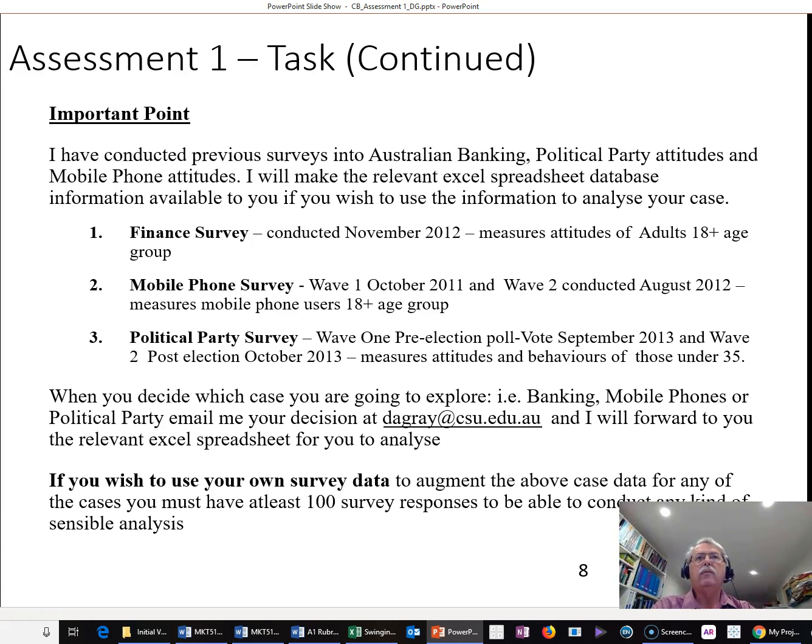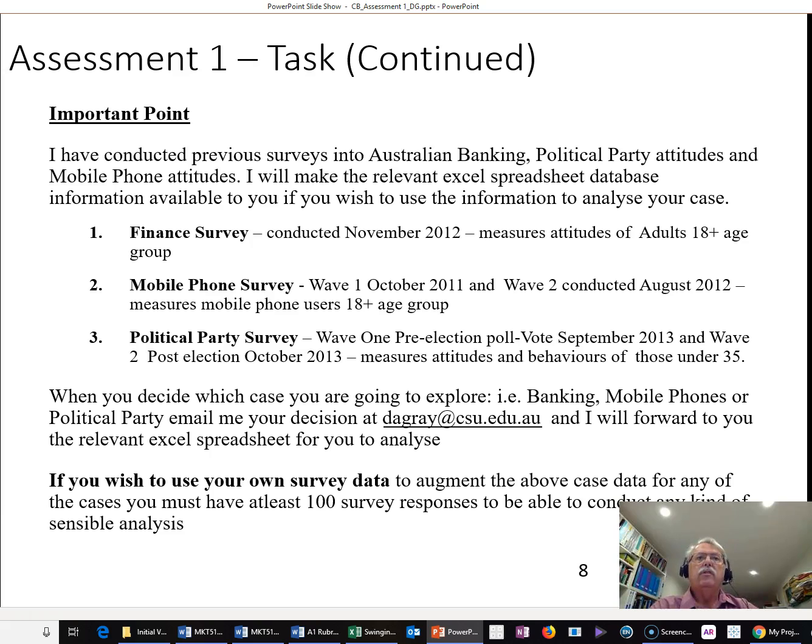Political party survey, there was a pre-poll survey conducted in September 2013 before the election, and a post-election survey conducted in October 2013 after the election. So what you need to do is to pick one of the 3 options, email me of your decision, and then I'll forward the relevant Excel spreadsheet to you for analysis.